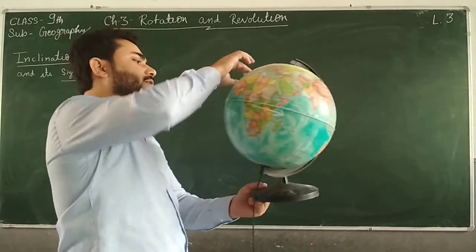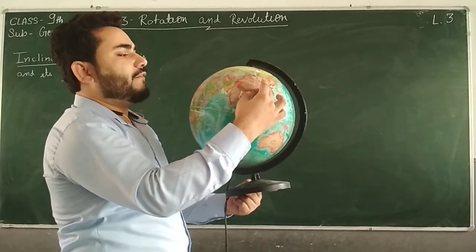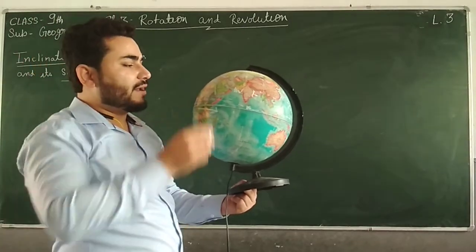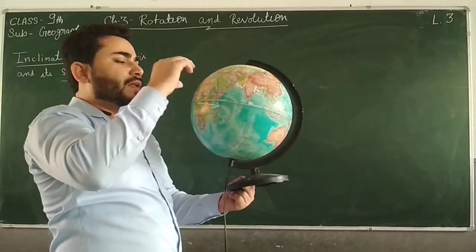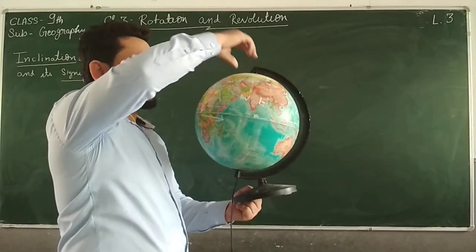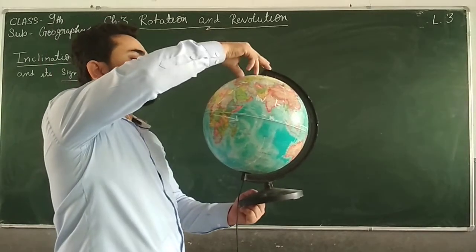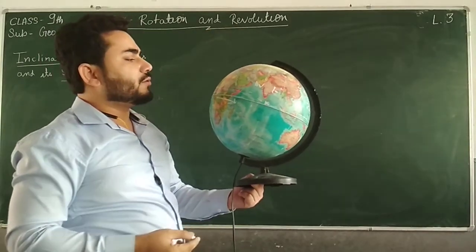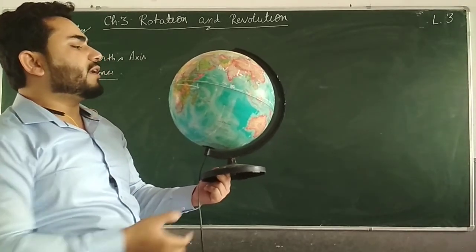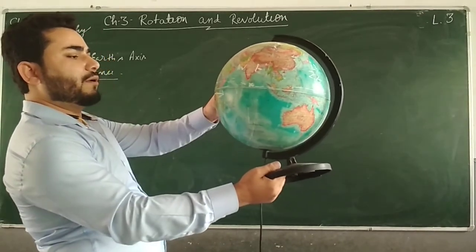These places will be suitable for living, starting from 35 or 40 degrees to 60 degrees latitudes, and the rest of the places, either near the equator or near the poles, will become very hot and very cold respectively, right?